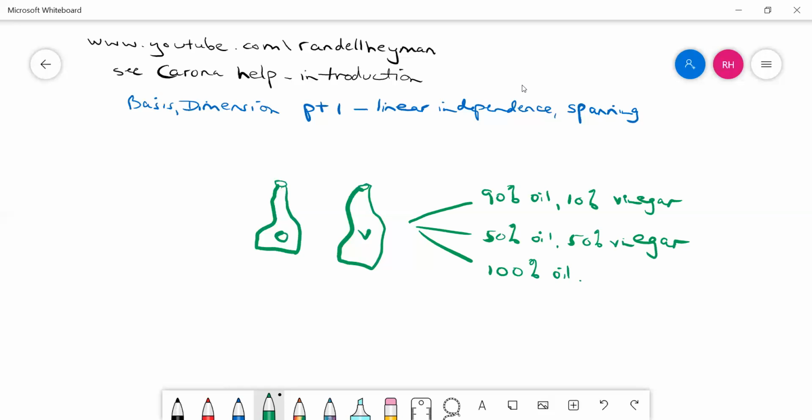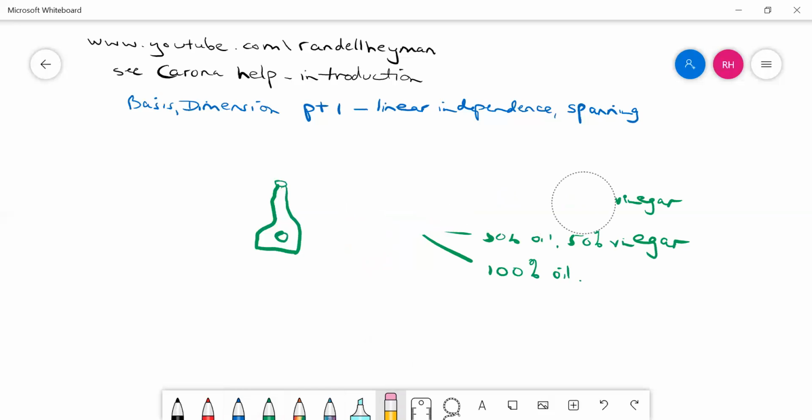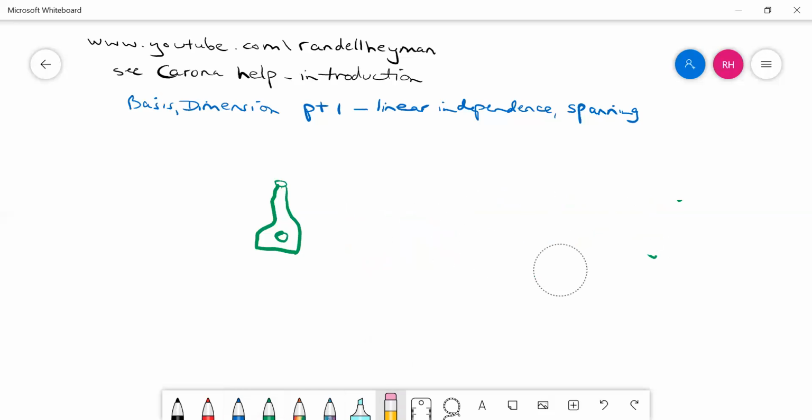We can do that for basically any combination of oil and vinegar we can make up with these two bottles. Now, let's contrast that with the situation where we don't have one of these bottles. For example, if I rub out the vinegar, if all I've got is the oil, then I can't make up anything other than 100% oil.